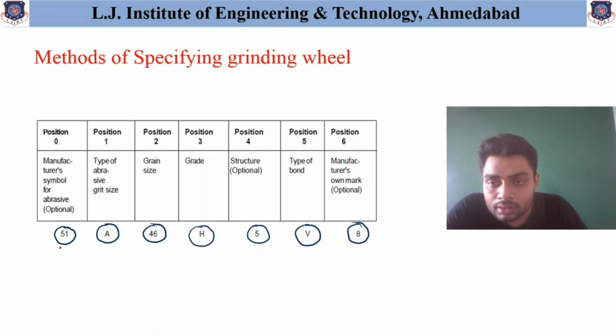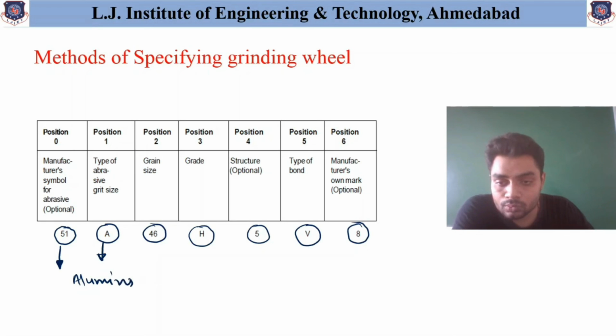Now this 51 is the specific symbol and it gives the nature of wheel. This A indicates the type of abrasive as we have discussed, and A indicates that the material used is aluminium oxide. So it gives the idea that in this particular specification the material is aluminium oxide.